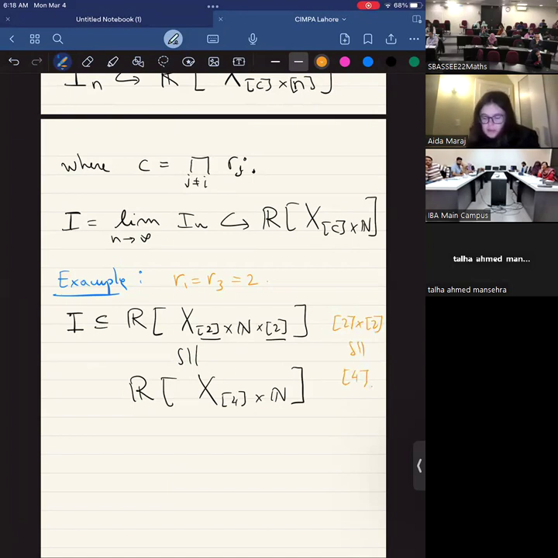And why is this useful? Because now we can think of our ideal I as living here. And since it lives here, we already said that every symmetric-invariant ideal here has finitely many orbits.